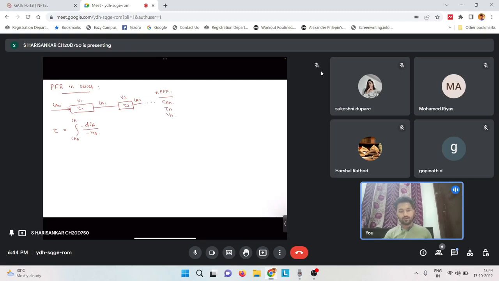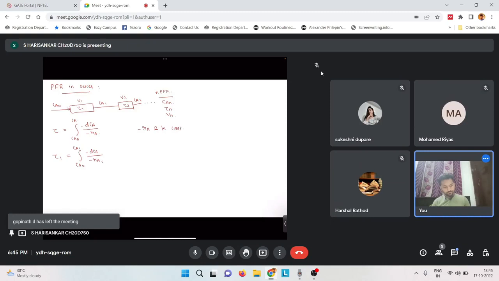If you write the design equation for the first PFR, tau 1 will be the integral from CA0 to CA1 of minus dCA by minus RA, or you can even write it as RA1, up to you. We'll take the assumption that the reaction happens at the same temperature, so minus RA and K are constant.